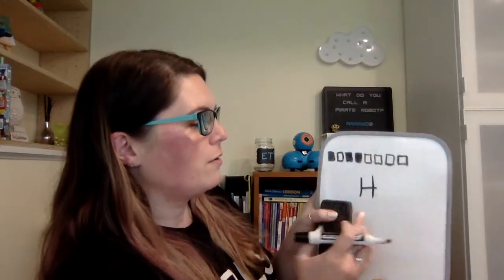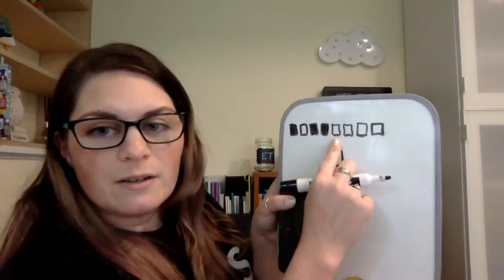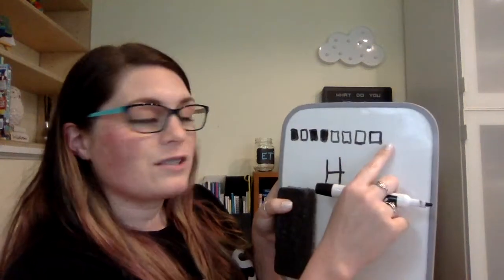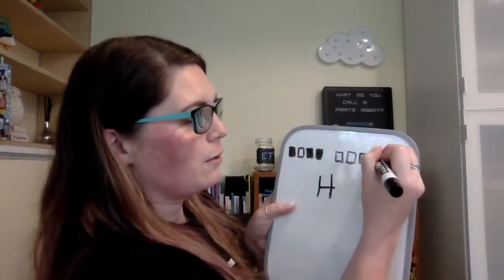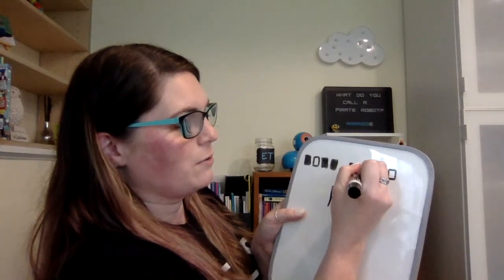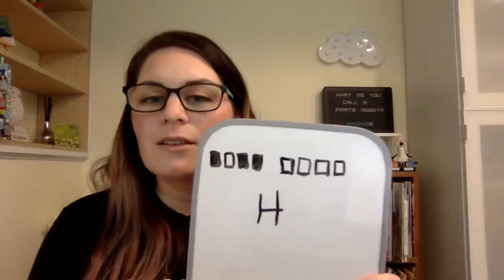So I'm going to get rid of this one right here in the middle, and I'm just going to move it to the end. Okay, so I'm just going to get rid of that, and I'm going to add it to the end. And then I'm going to fix this one because I accidentally erased part of it. Okay, so now I have this space between.